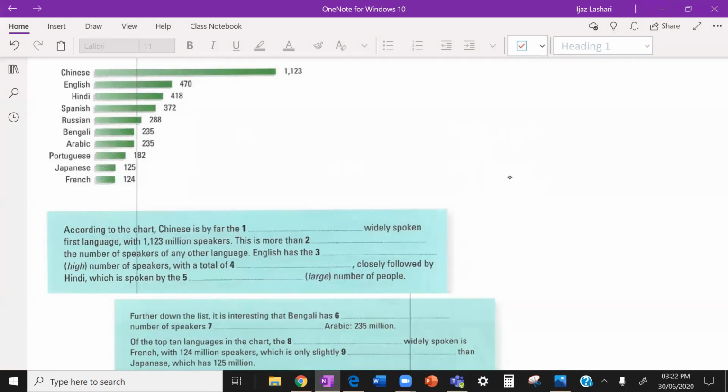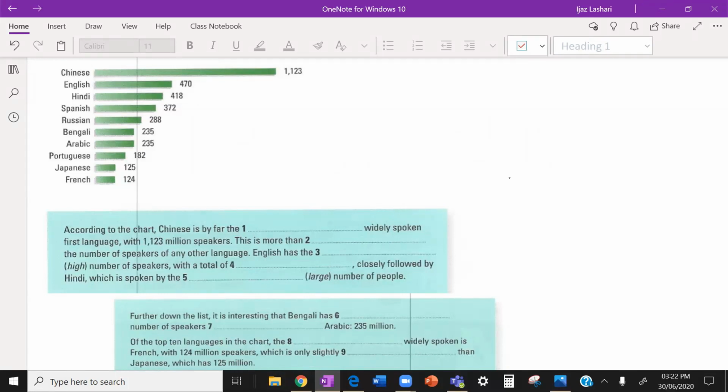English has the dash number of speakers with a total of, closely followed by Hindi, which is spoken by the dash number of people. Okay, can you just fill in these gaps with different words which come to your mind, and it goes further down the list.